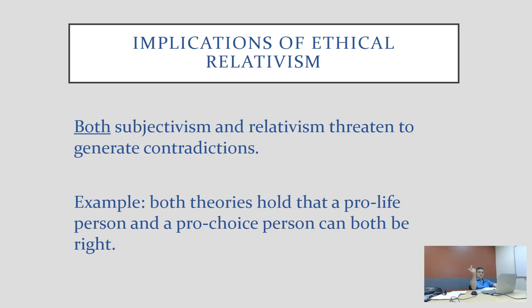And the response by the pro-life person would be, yeah, I do disapprove of abortion, but that's not what I'm saying. I'm not talking about my attitudes toward abortion. I'm talking about abortion. So the expressivist, according to the moral objectivist, is changing the subject. The same thing with pro-choice.